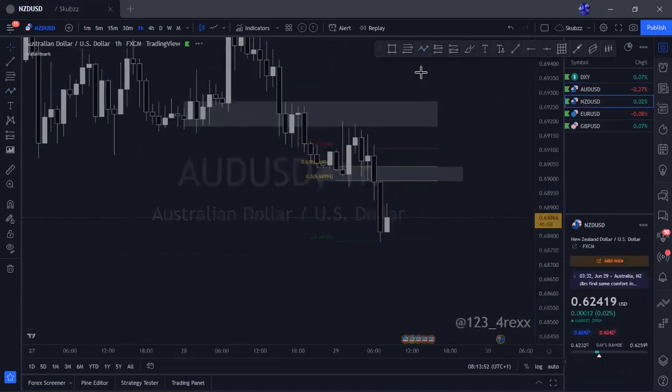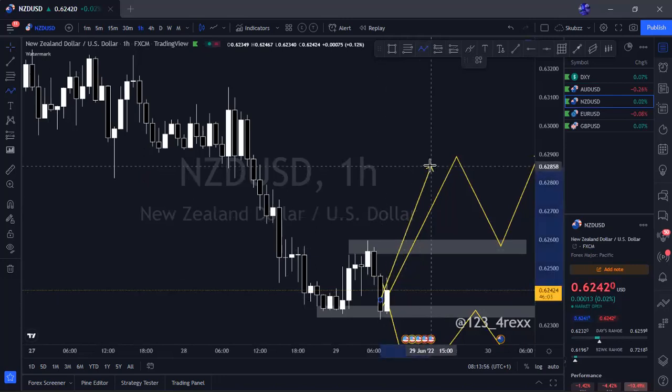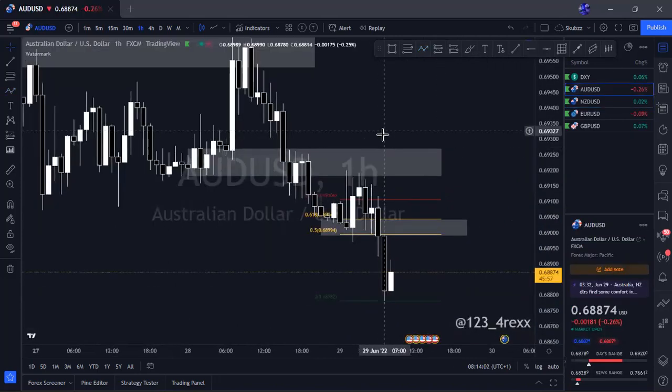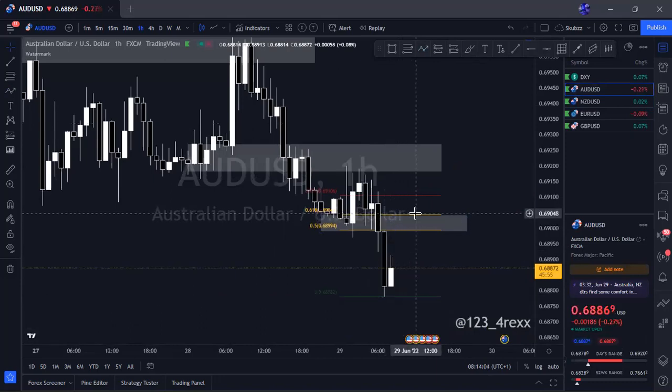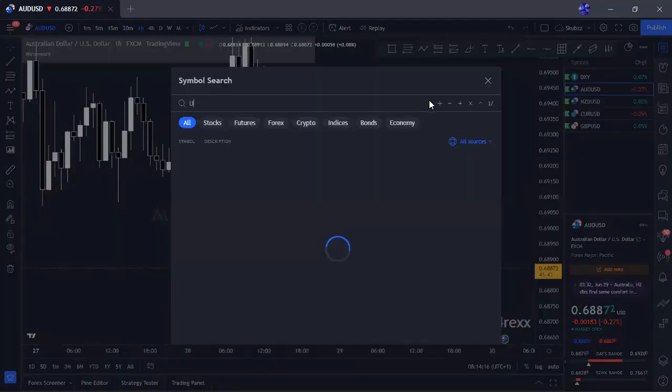Because if we see a push to the upside now, NZD might shift market structure with a double bottom. So I'm expecting that push to the downside for a while, then we have that retracement. For now, that's what I'll be waiting for. I'll be looking out for that retest of this area here, this one I highlighted. Anyway, someone said they should look at USD JPY.